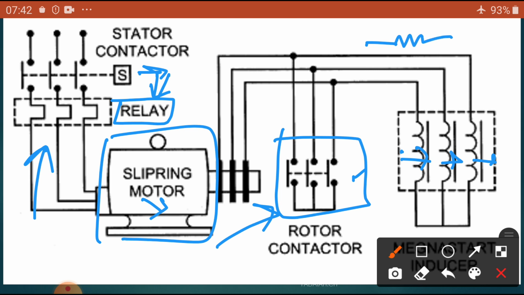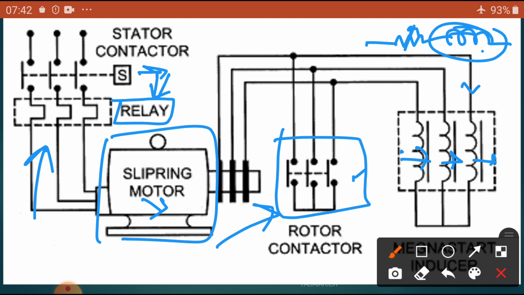So I can use resistance or I can use inductance. Previously we saw the resistance value, but instead of resistance I can use this inductance, which also produces an ohmic value. If the ohmic value increases, the current I2 decreases automatically. So this is the one circuit diagram.